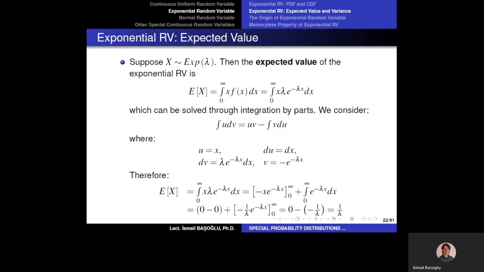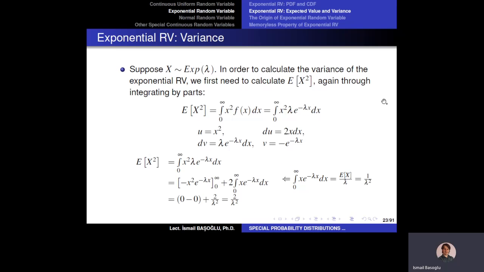Okay? So in order to compute the variance, we first need to compute expected value of x squared. And in order to compute the expected value of x squared, again, we can apply integration by parts. X squared times the PDF in the domain of 0 to infinity. And again, this time we are going to say that u is x squared and dv is lambda times e to the power minus lambda x here. Okay?